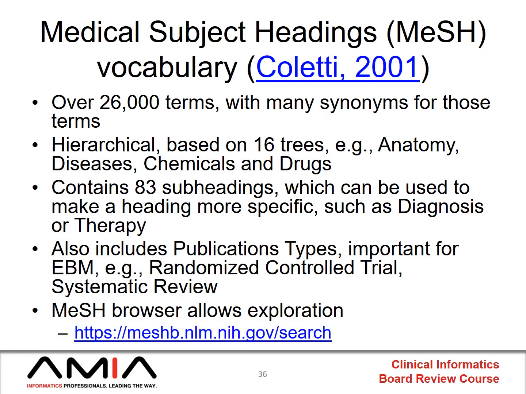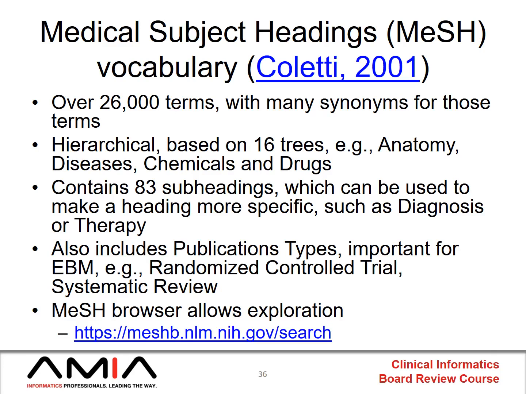The most widely used controlled vocabulary for indexing in information retrieval systems is the Medical Subject Headings, or MeSH vocabulary. This is a vocabulary of over 26,000 terms that also has many synonyms for those terms. The MeSH vocabulary is hierarchical.